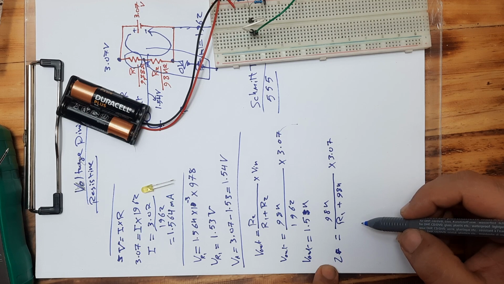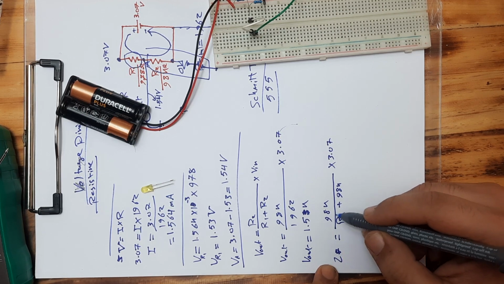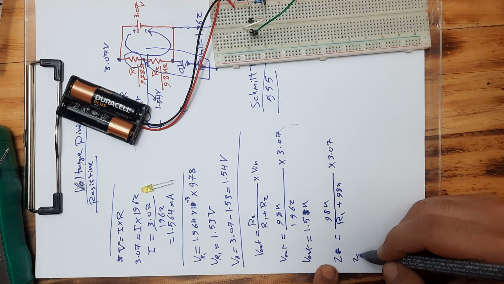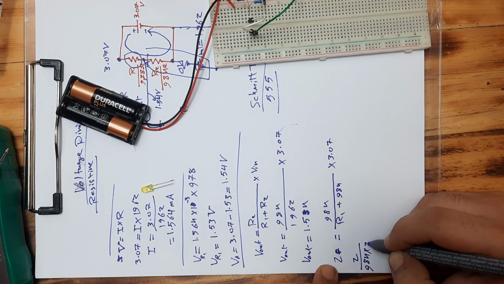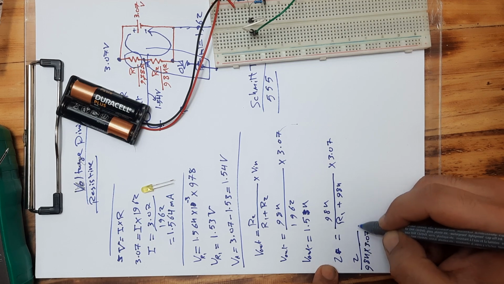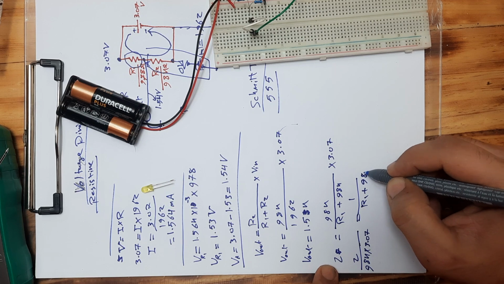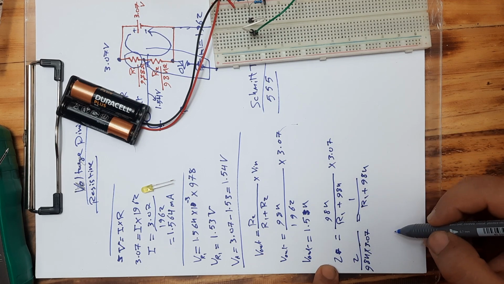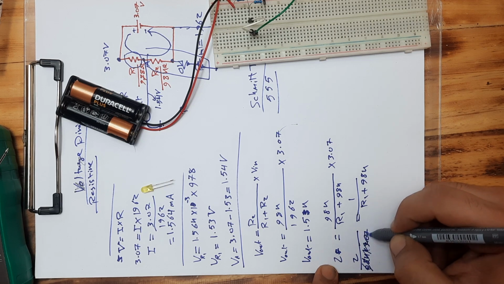We can try that actually. So this will equal 2 over 984 times 3.07 equals 1 over R1 plus 984. All right, so actually let's keep it here.